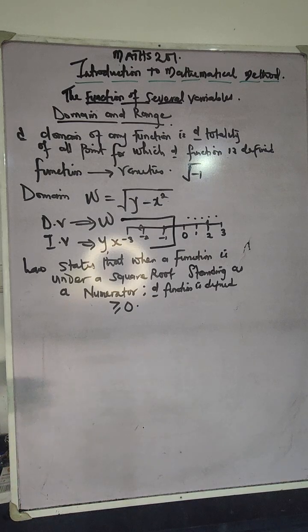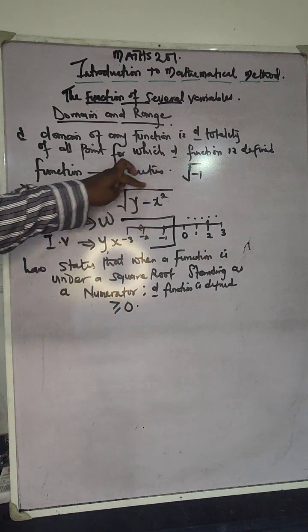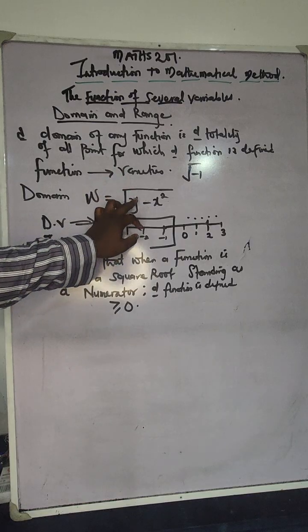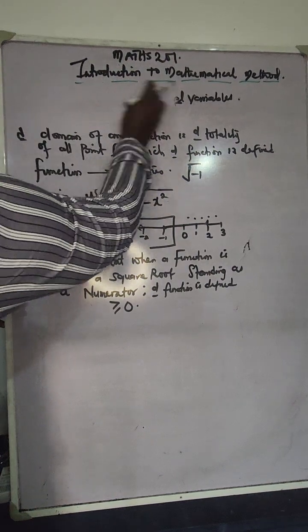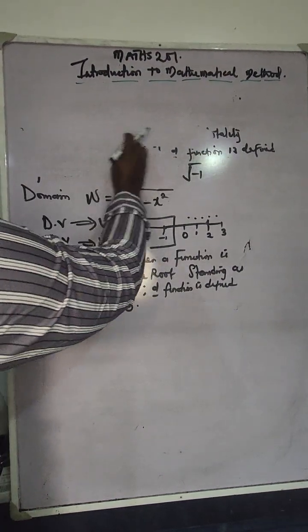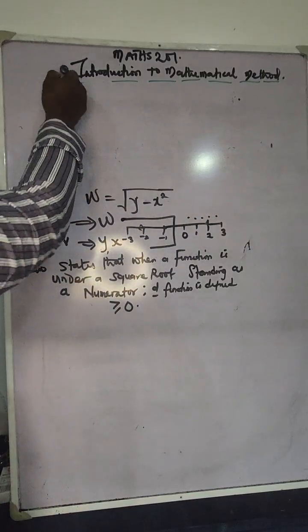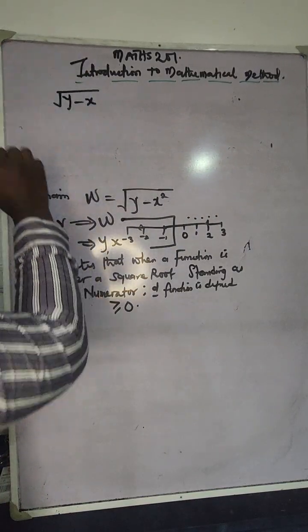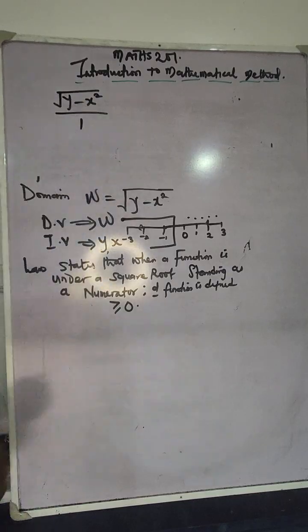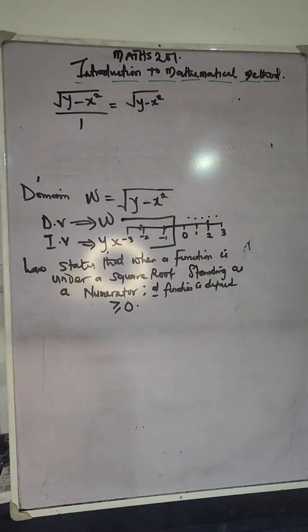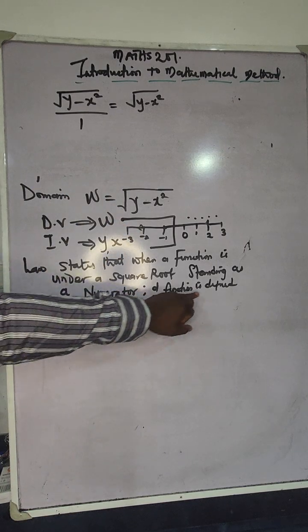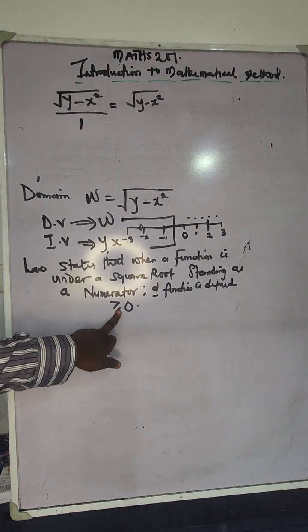And so we said that for a function to be defined, as long as it's under the square root, standing as a numerator, this function, the square root of y minus x squared, is the same thing as this, because anything divided by 1 is that thing. So as long as it's standing as a numerator, the function is defined when it is greater than or equal to 0.